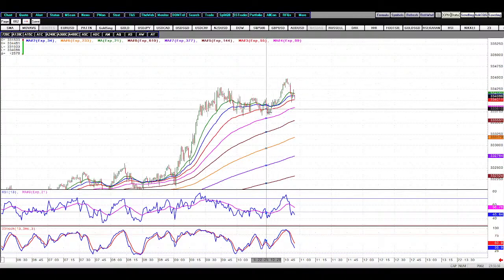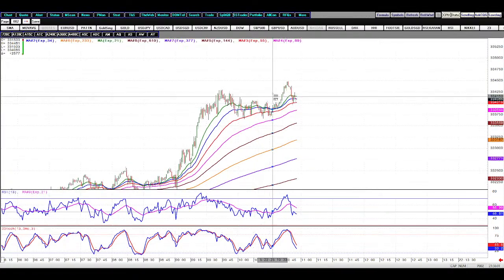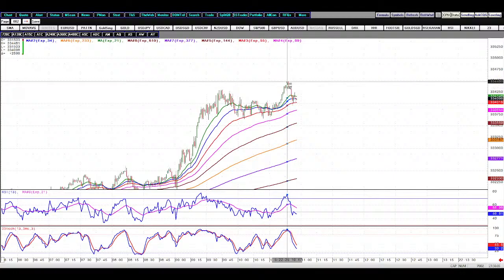This was a solid $7 move which we got into. That means this was a perfect trade, after which at 44 it started to come off. Of course, if it went higher, it would have been a different thing.